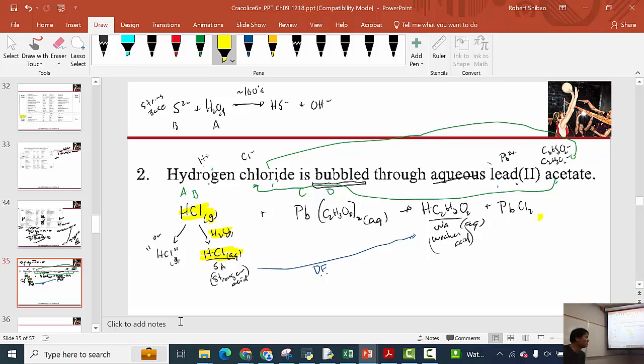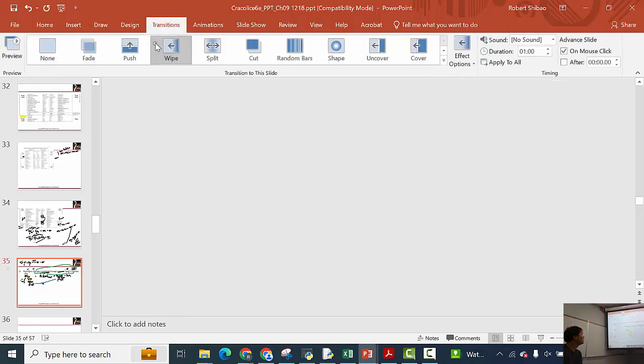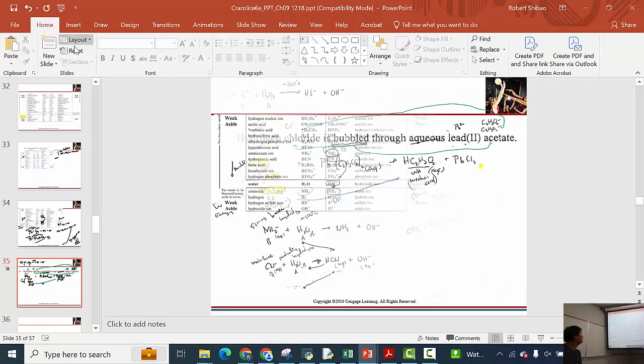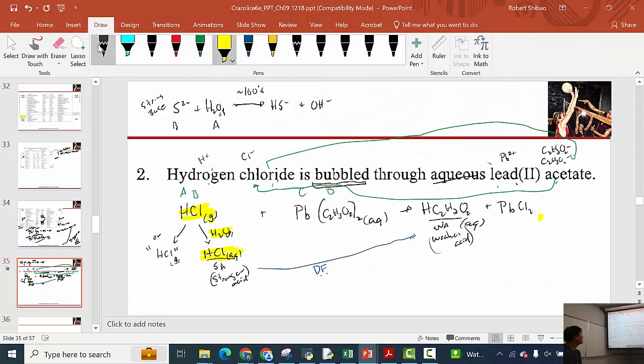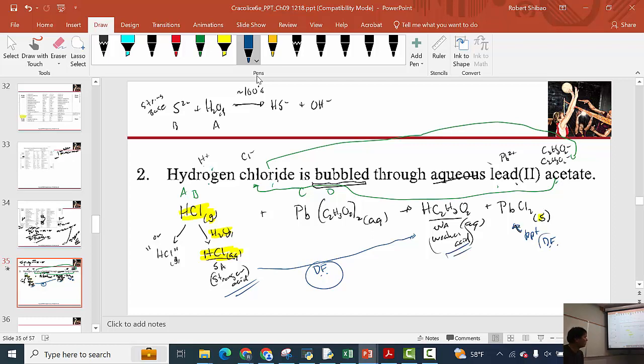And so this is one of the exceptions. So this is insoluble, and so it's going to form an insoluble solid, which we call precipitate. And so the other driving force that's present is this precipitation. And so 2 driving forces: 1, stronger acid to weaker acid, and 2, precipitation of lead 2 chloride.